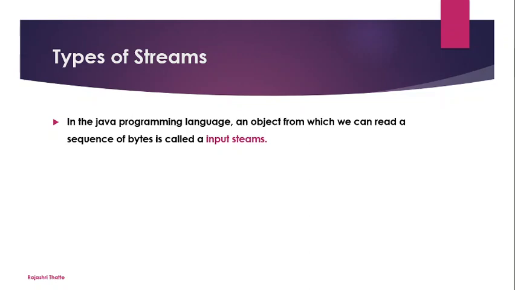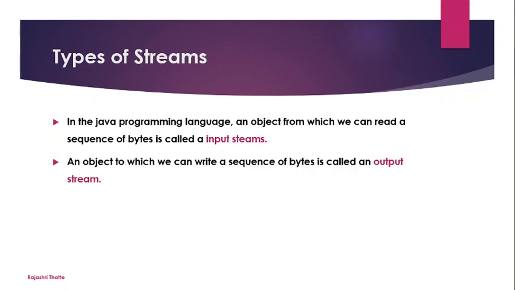So in our program, whatever input is required, we have to read from that stream, and that stream is called an input stream. It is concerned with the input, definitely with input devices. An object to which we can write a sequence of bytes is called an output stream. So whatever output is generated from our program, these output bytes we have to write to the output device, to the output stream.